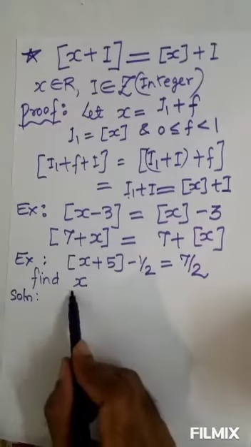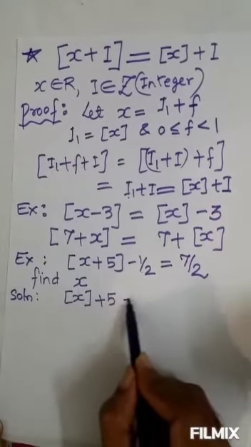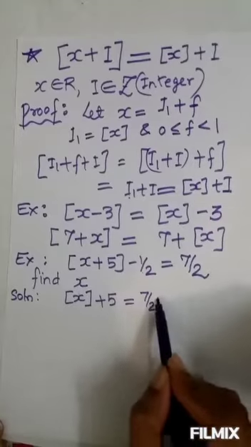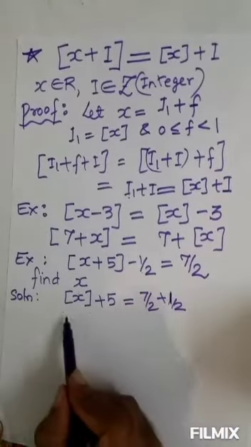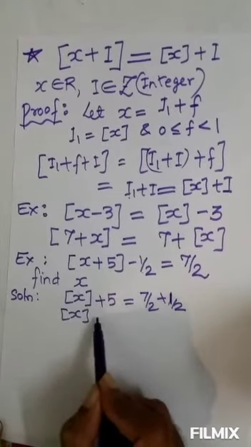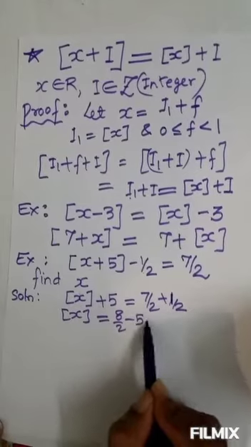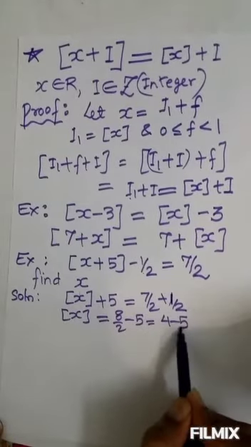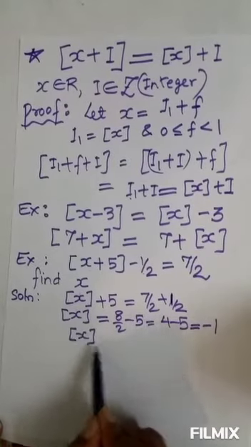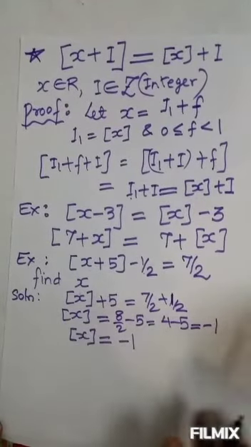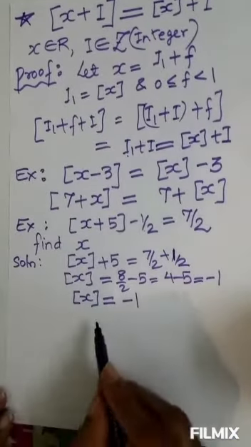So you might have observed the solution is quite straightforward. This 5 comes out and this half goes to the right hand side, so greatest integer x becomes 8 by 2 minus 5, which is 4 minus 5 equal to minus 1. So greatest integer x equals minus 1 means what is x?